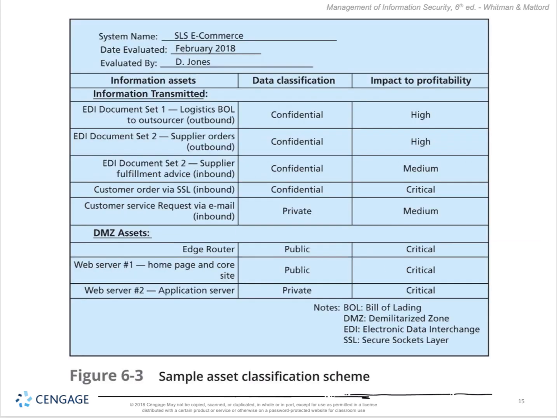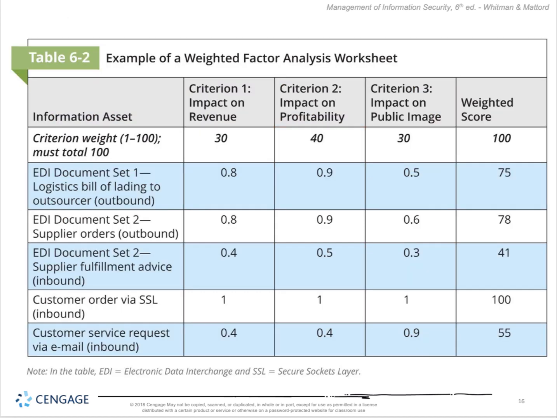So if we take a look at this customer order via SSL, we can see that the impact to profitability is critical. Data classification is confidential, and it matches, right? The customer order via SSL, as far as the impact on revenue, or the monetary impact, is also the most critical one.